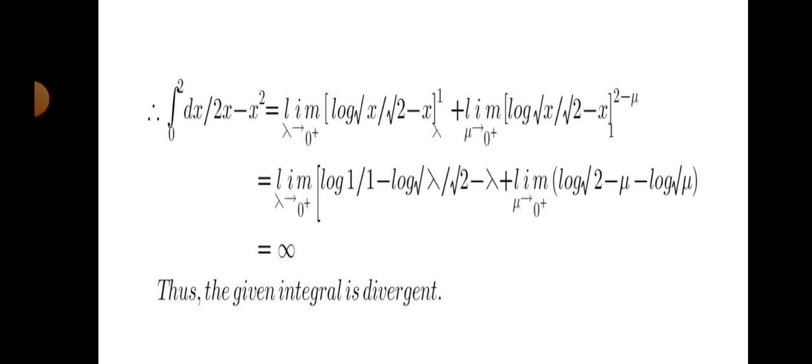This is equal to the limit of log of 1 by 1 minus log of under root of lambda by under root of 2 minus lambda when lambda tends to 0, plus the limit of log of under root of 2 minus mu minus log of under root of mu when mu tends to 0, and we get an infinite value.